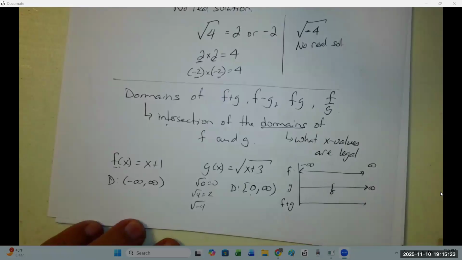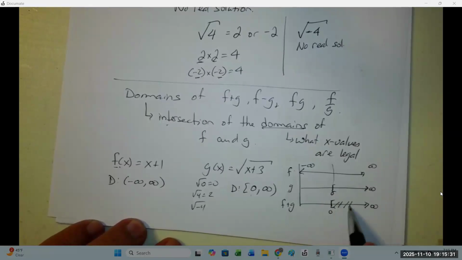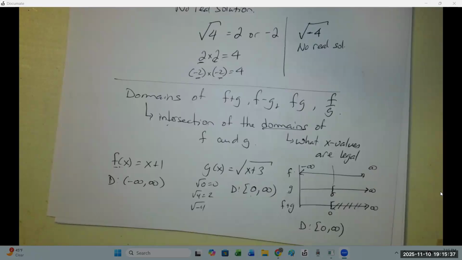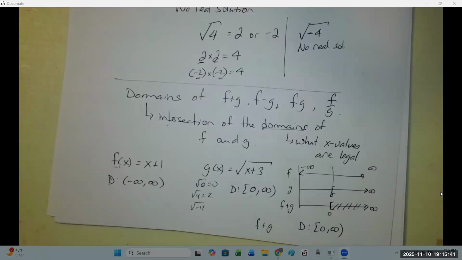So where do they overlap? They overlap from 0 all the way to positive infinity. So that's my domain of that function, the domain of f plus g.